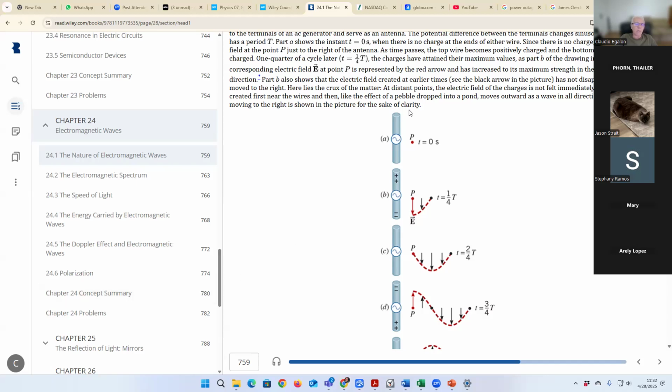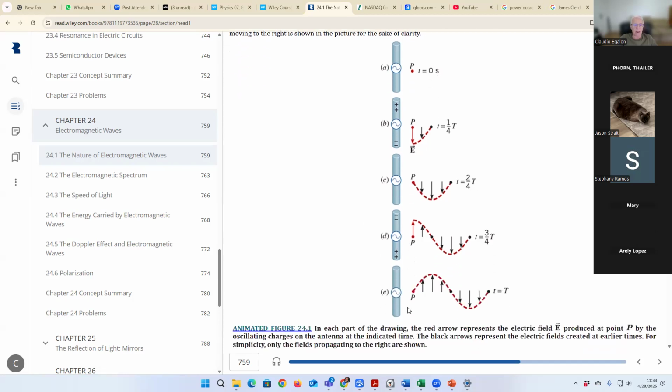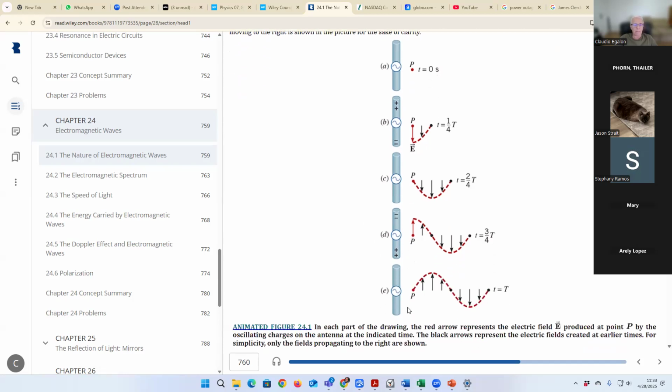And this generator goes through cycles, right? First, you have positive on one side, negative on the other side, and then it reverts back to zero. And then the charges invert the direction. See that? Producing an electric field that points in the other direction, and so on.